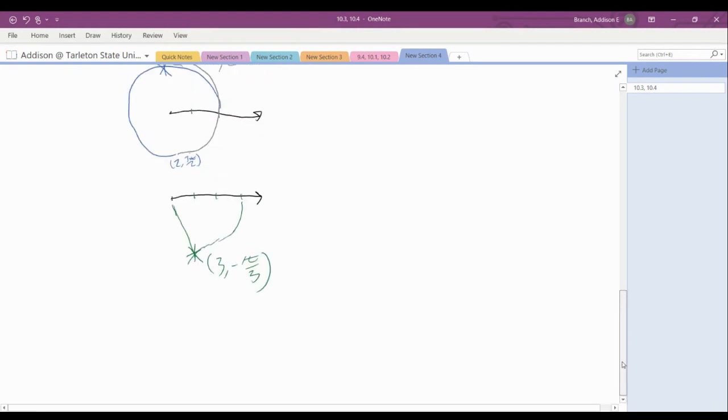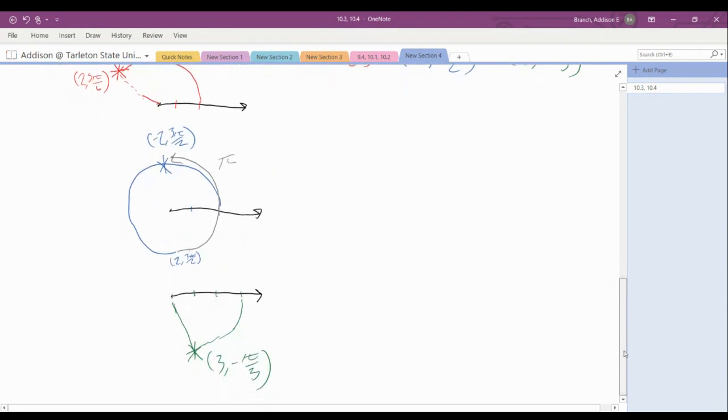But whenever we have polar graphs like this, because we're traveling and keeping that radius the same, if we keep going around the circle, we're eventually going to hit back to where we started.